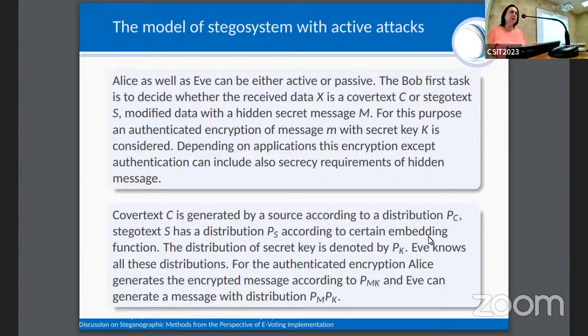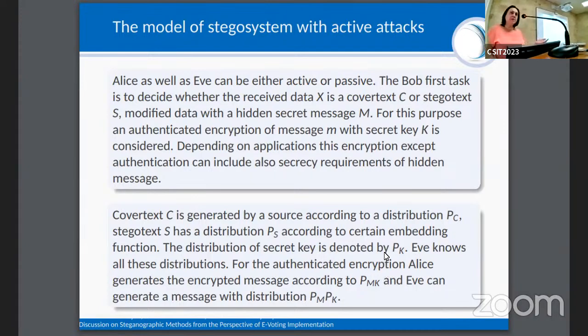This is what I am speaking about, our previous research. That's why I'm not going into details, just reminding why we consider this steganography. So the first step, hypothesis testing: Bob must decide if the data is a cover text or stego text, or is there a hidden message?